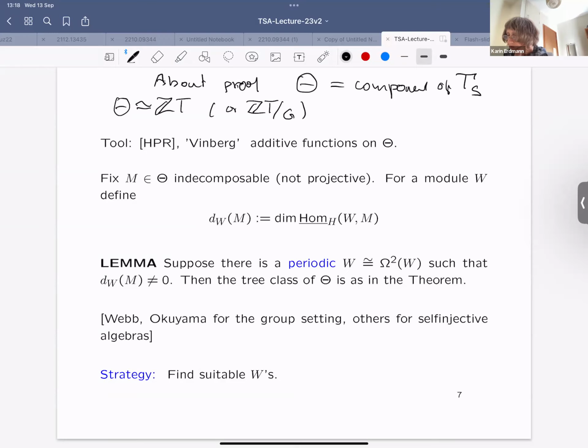And so the question is, what is T? Right. Okay. So there is some old paper by Happel, Preiser, and Ringel.